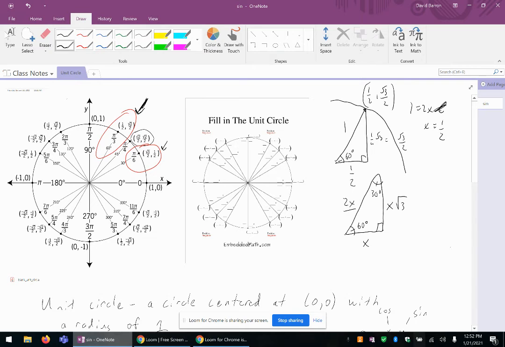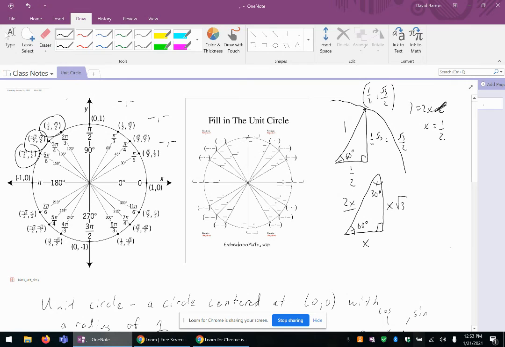Okay, the rest of these coordinates: I only have the first quadrant, Q1, memorized, and then I reflect and use symmetry to remember the other quadrants. So let me go over one other mnemonic for remembering the coordinates of the angles in quadrant 1. I'm going to rewrite these above them and fill them in.